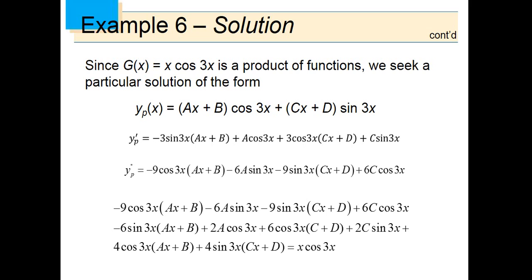So since you have a cosine function, it should have the cosine and sine function, and since you have a polynomial, this was shown a while ago, you should have an ax plus b because your polynomial is a first degree polynomial. In here, you should have a cx plus d. You need to differentiate twice because you have until the second derivative.